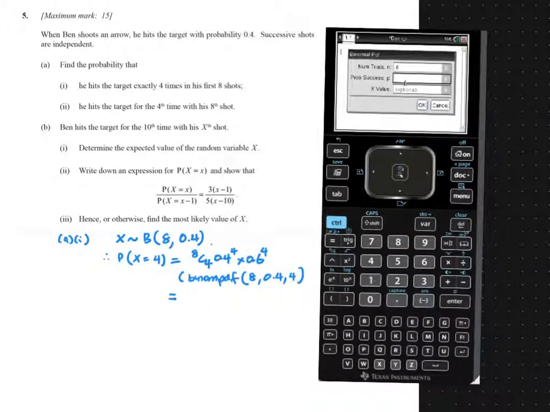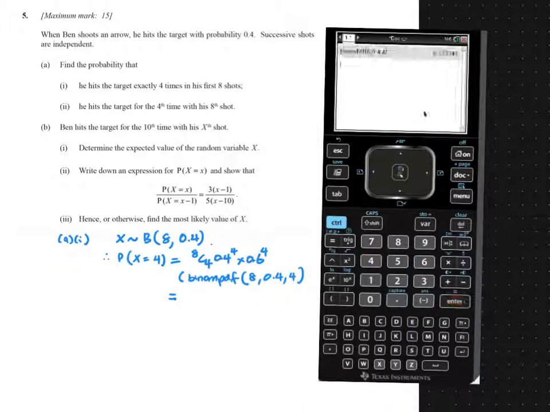You put in n equals 8 and p equals 0.4, and you get 0.23243, approximately equal to 0.232 in 3 significant figures.